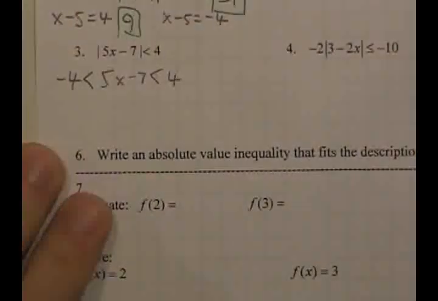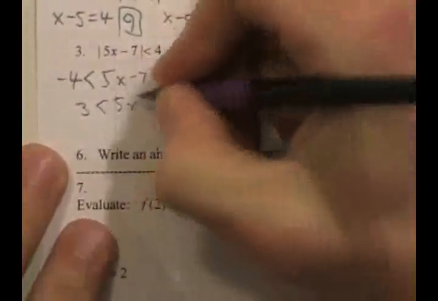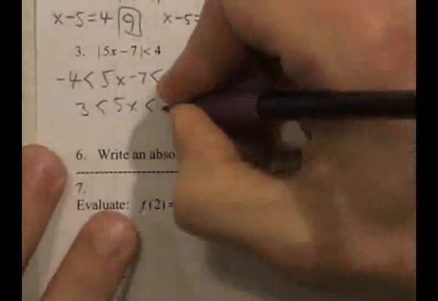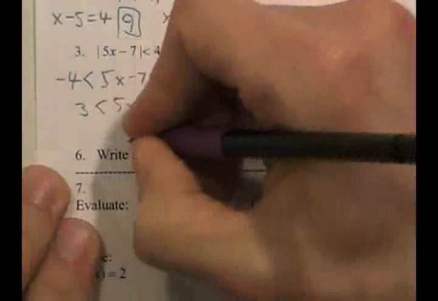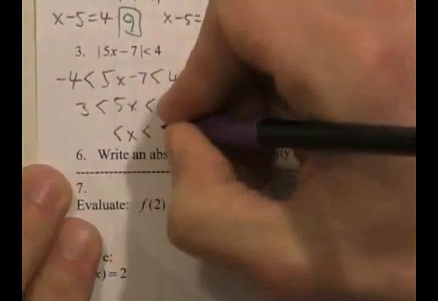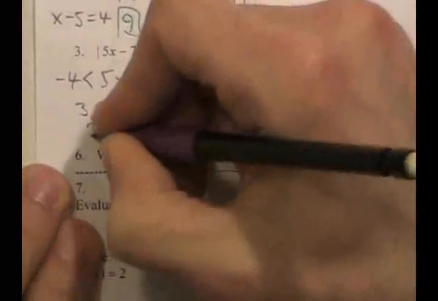And then you just solve it just like any other thing. Add 7 to all 3 pieces. So that'll be 3 is less than 5x is less than 11. And then just divide all 3 pieces by 5, and you'll get x is between 3/5 and 11/5.